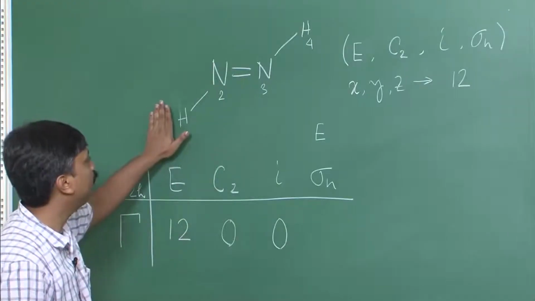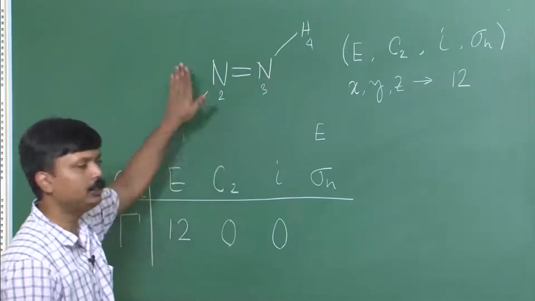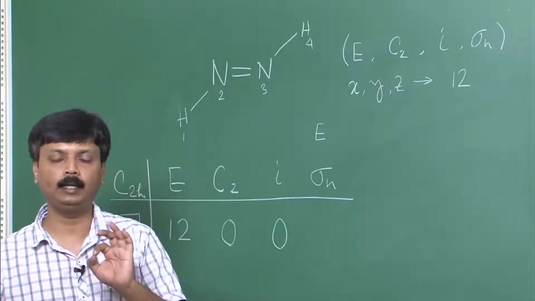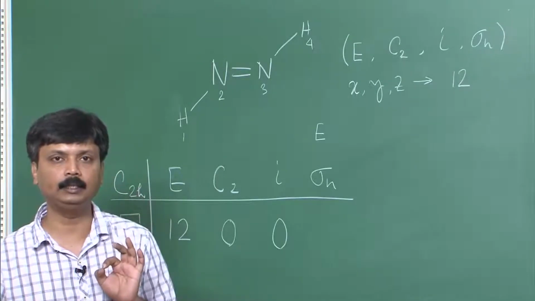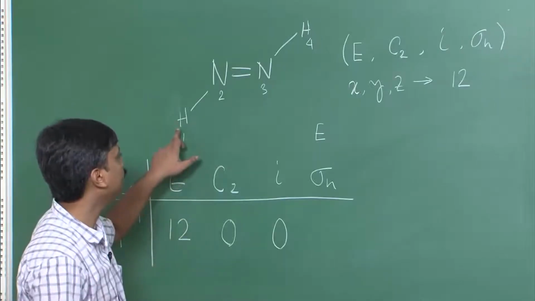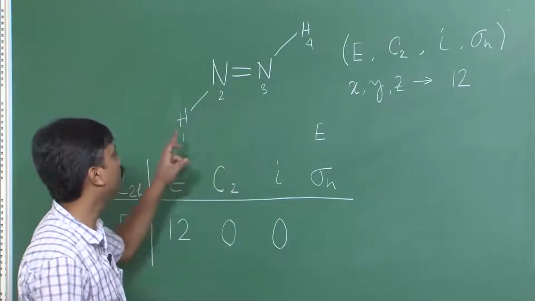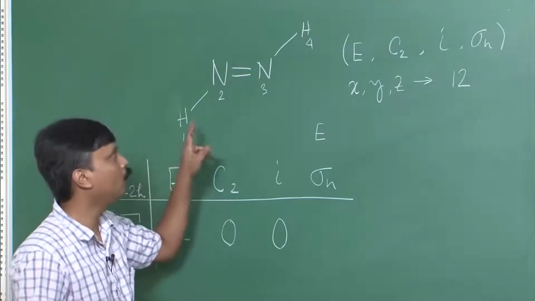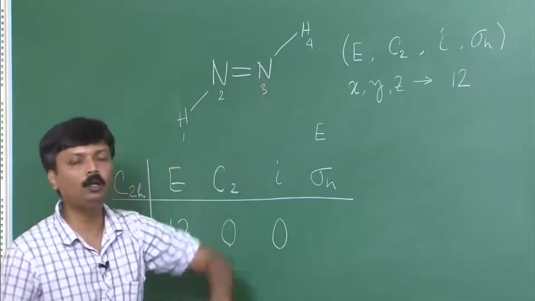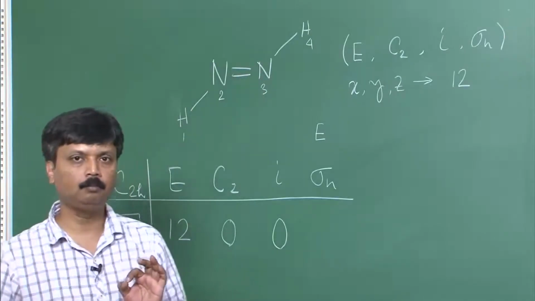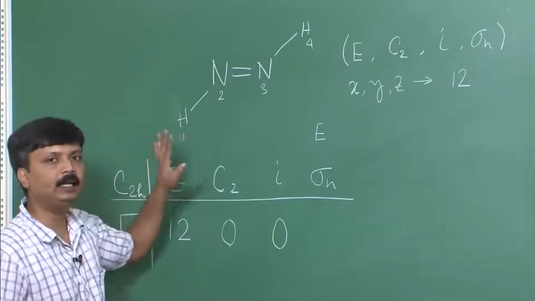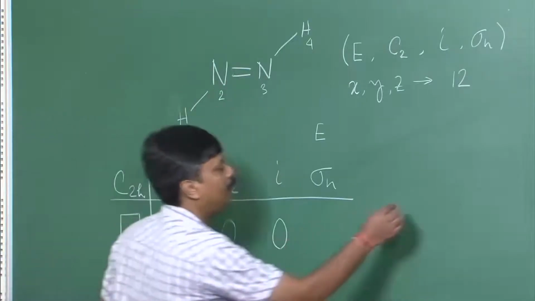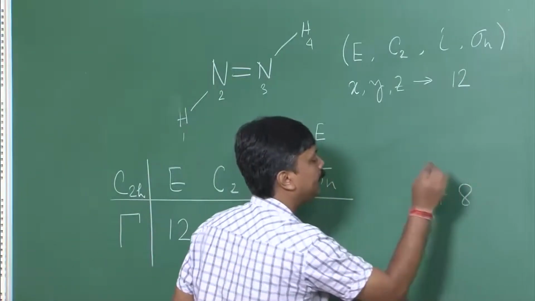So, sigma h will not do anything to x and y, they will remain as they are. So, overall each atom will contribute 1 for x and 1 for y. So, altogether I have 2 into 4, 8 being contributed by the x and y coordinates of all the atoms, correct. So, I have a plus 8 contribution.